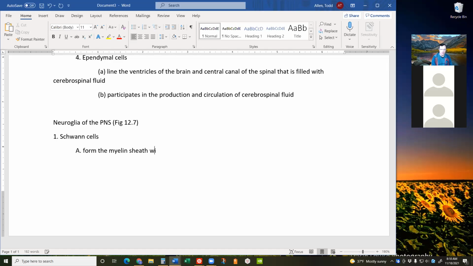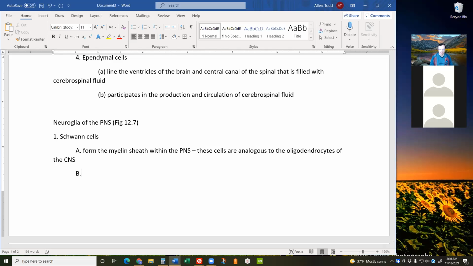These cells are analogous to the oligodendrocytes of the central nervous system.